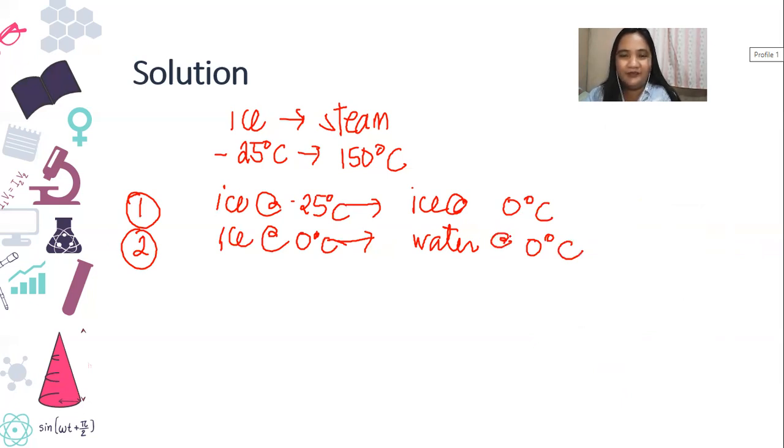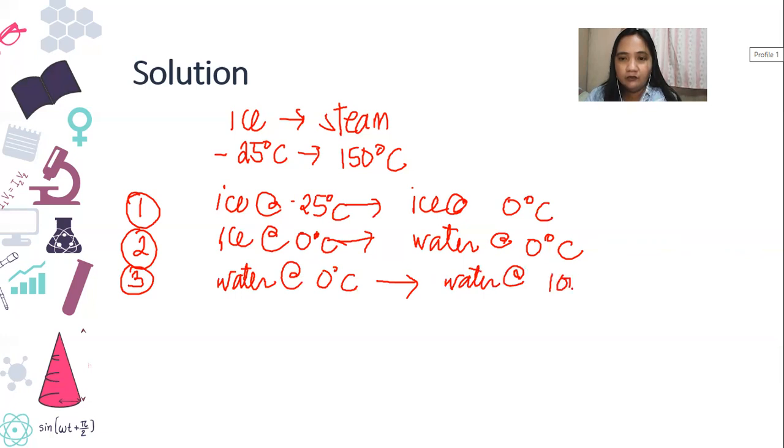Okay, there you go. Now, third step, it's water. It's water at 0 degrees. So let's take that as water at 0 degrees becomes what? It becomes water at 100 degrees Celsius, right?